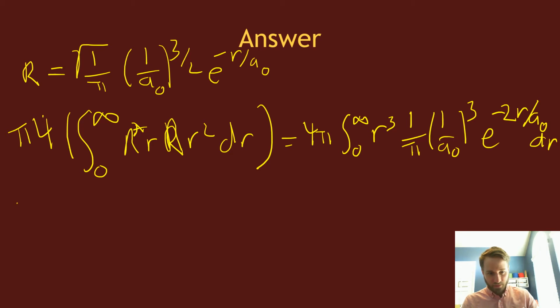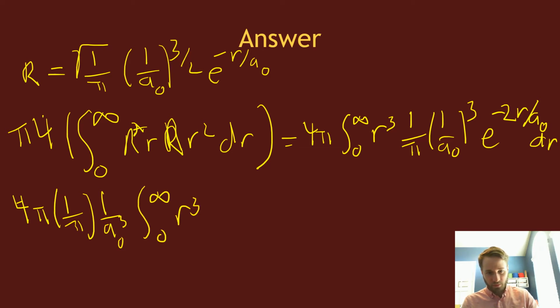Okay, so we get 4 pi times 1 over pi times 1 over a naught cubed, times the integral from 0 to infinity of r cubed e to the minus 2r over a naught dr.